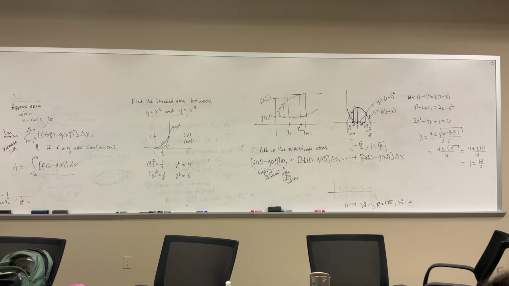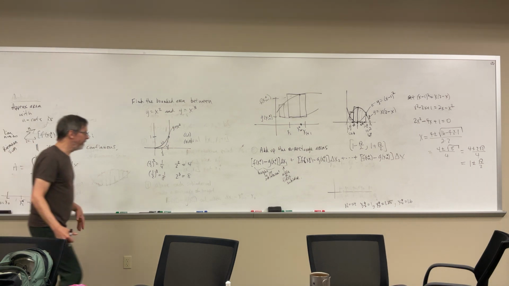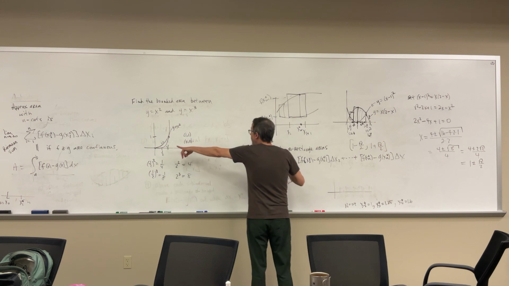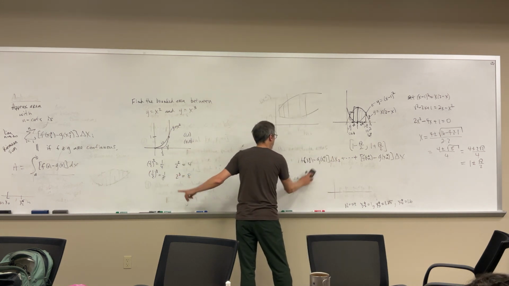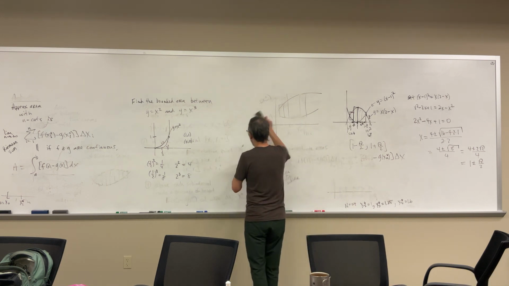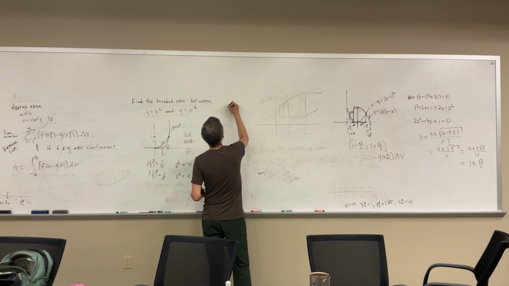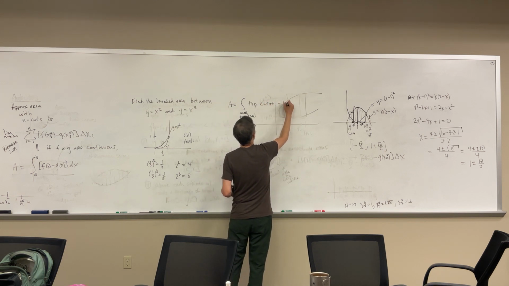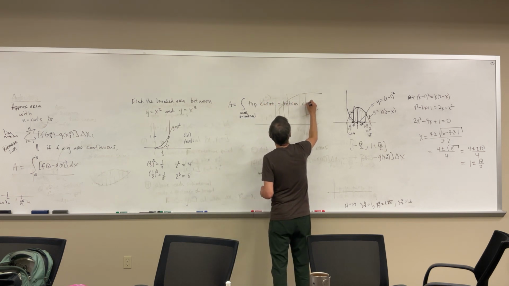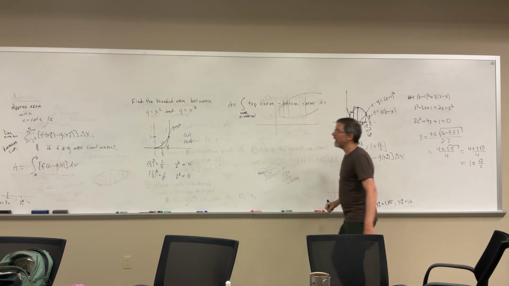Desmos, right? We get out Desmos. So now I know my top curve and my bottom curve. Let me write this whole formula that I put up here in an easier way for you. So mnemonically, just intuitively, the area is going to equal the integral over the x interval of the top curve minus the bottom curve dx.